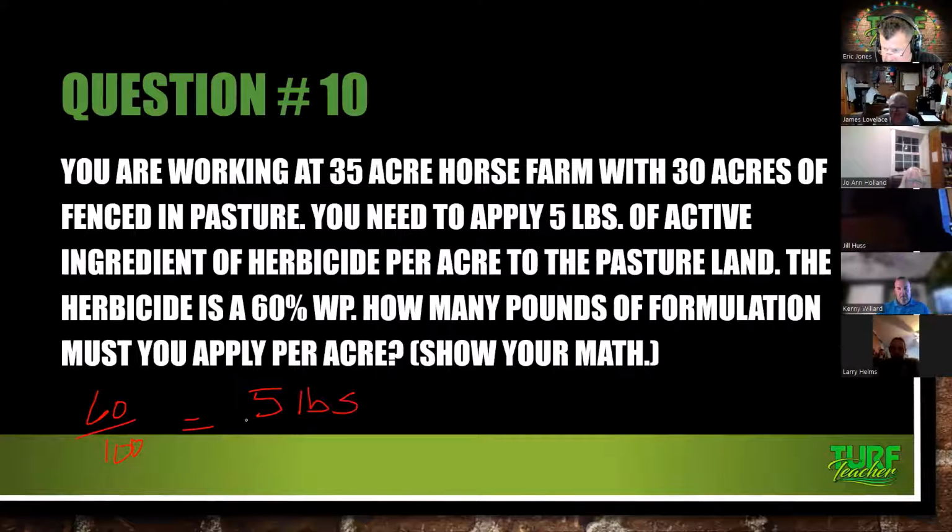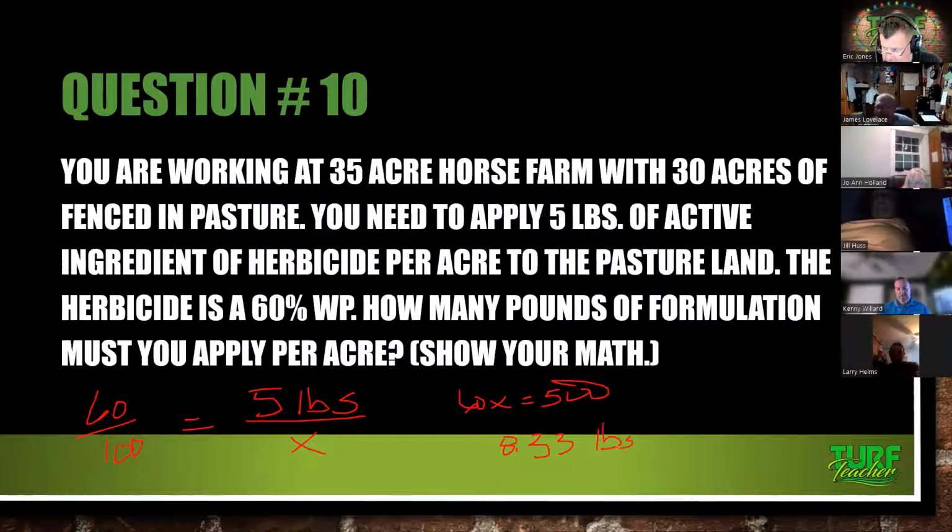5 pounds, X. We do a cross multiplication. 60X equals 500. We get 8.33 pounds. Now, I didn't really need to know the 30 acres, right?